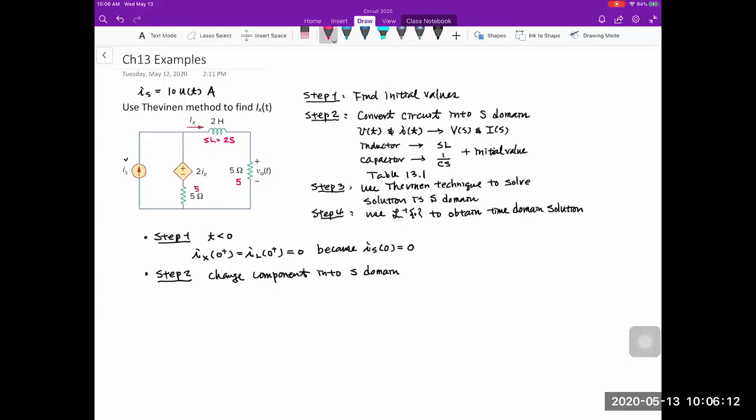Now your voltage in this case will become V_0(s), and I_x will become I_x(s), so everything becomes a phasor. Over here, this dependent source will become a phasor as well. This will be your I_s.